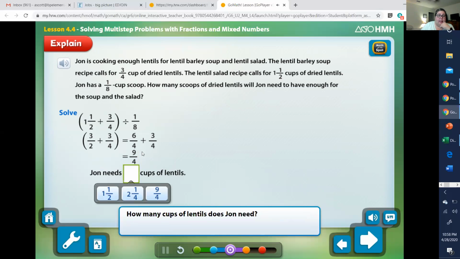So it's asking, as a mixed number, how can 9/4 be written? 4 goes into 9 2 times, and there will be 1/4 cup left over. So it would be 2 1/4.